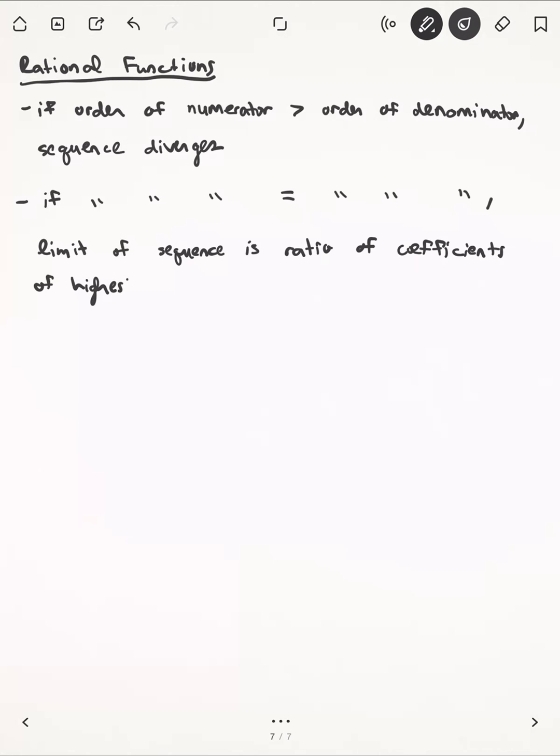If order of numerator equals order of denominator, the limit of the sequence is the ratio of coefficients of highest order terms.